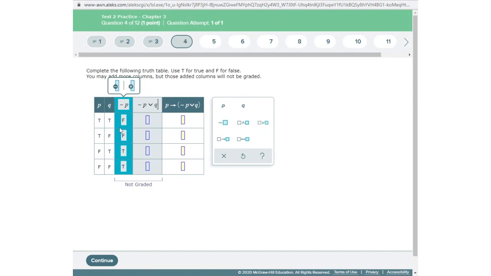For the disjunction, the order doesn't matter. You could rewrite the Q as well if you wanted to and put them in the same order. The only time I would encourage doing that is for the conditional, because the conditional is the one operation where the order is important.